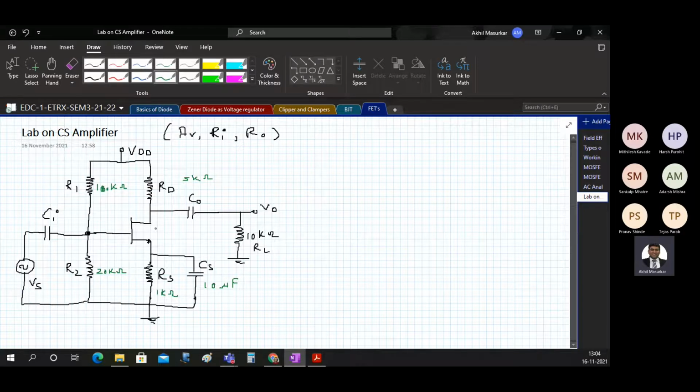The value is 2 microfarads and CI is 1 micro.